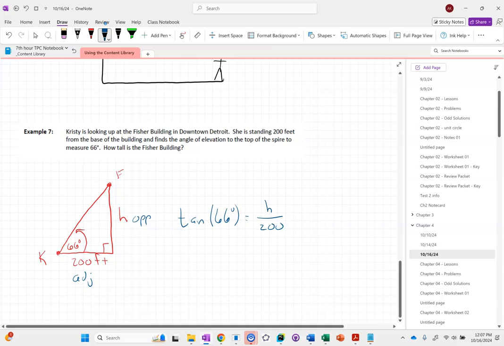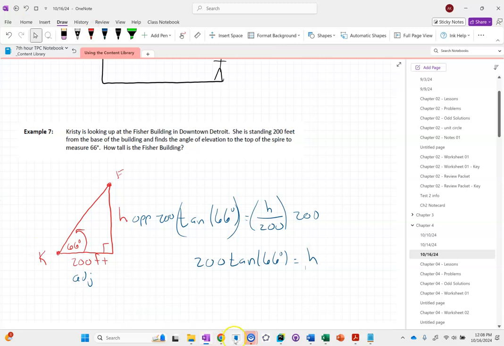So far, so good. To solve for H, what do I need to do? Multiply both sides by 200. And then into my calculator this goes.